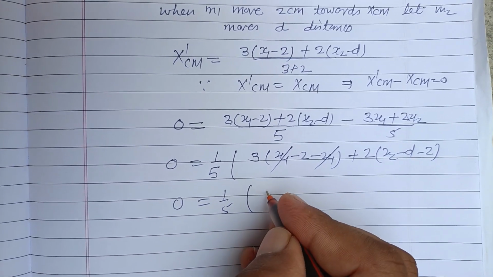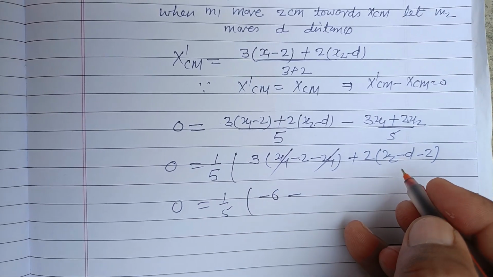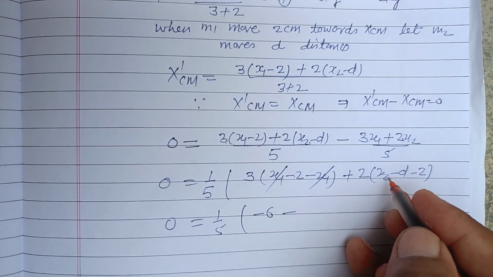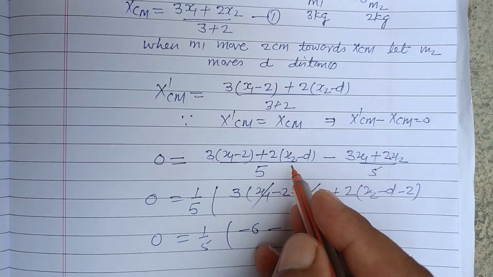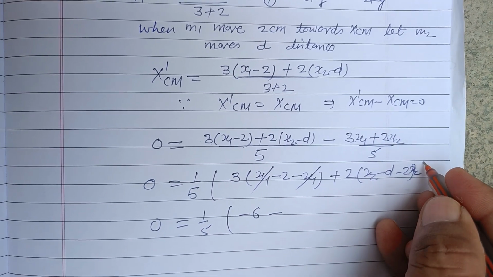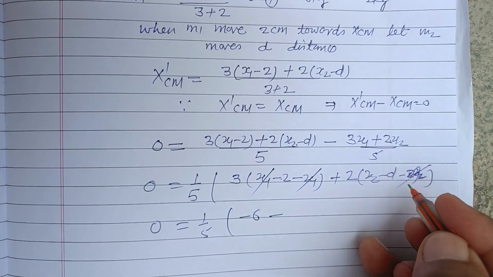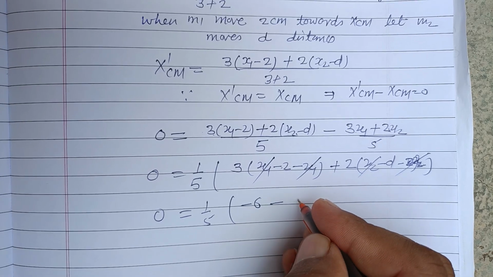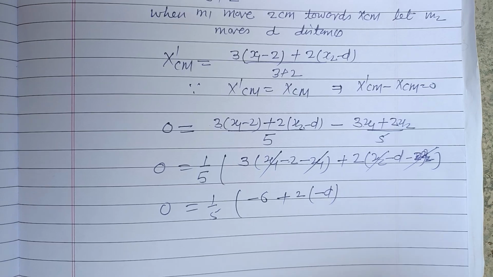So 1 upon 5, 3 into minus 2 is minus 6, plus 2x2 minus 2d minus 2x2, so the x2 cancels, we have 2 into minus d.